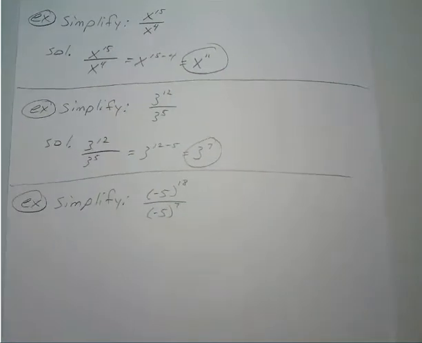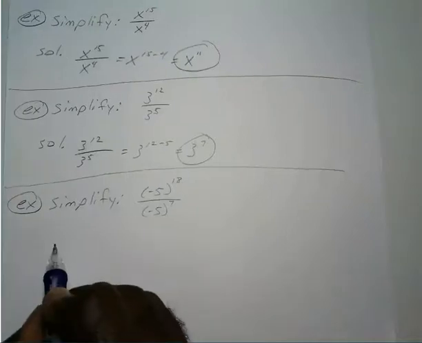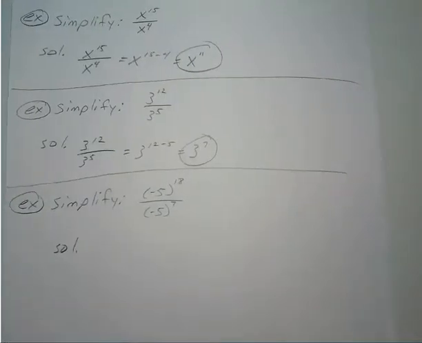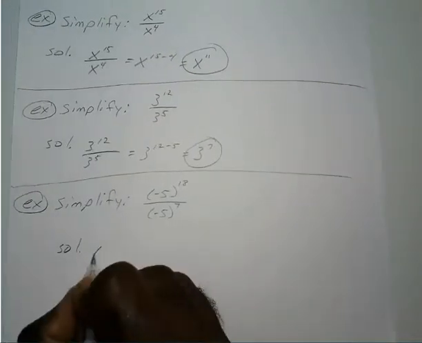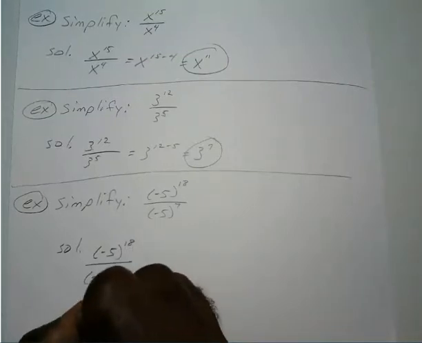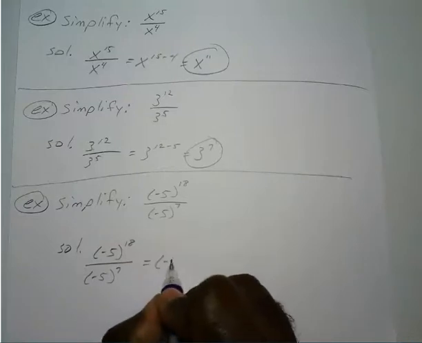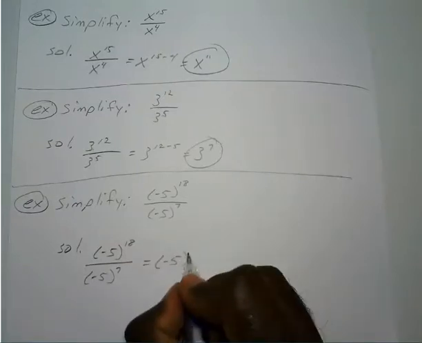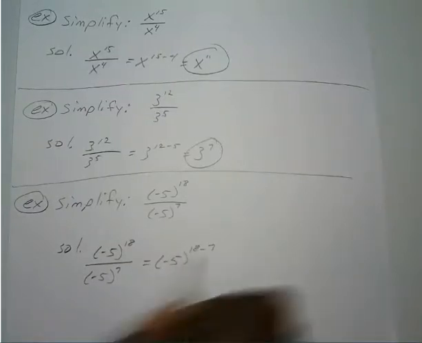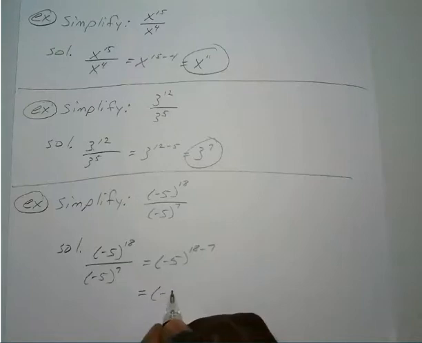Okay, this is where those parentheses come in handy. You have negative 5 to the 18th power over negative 5 to the 7th power. That's equal to negative 5 to the 18 minus 7 power, so that's just equal to negative 5 to the 11th power.